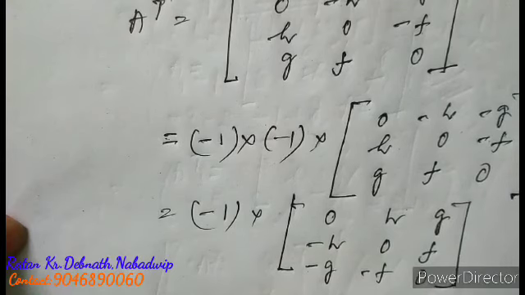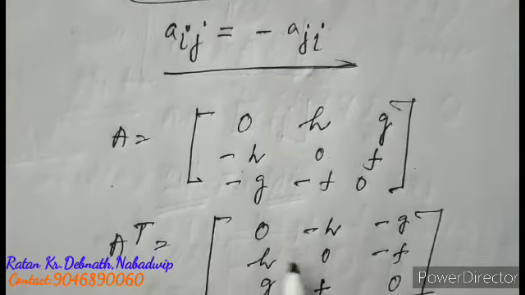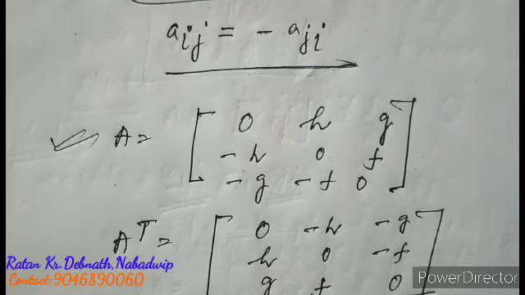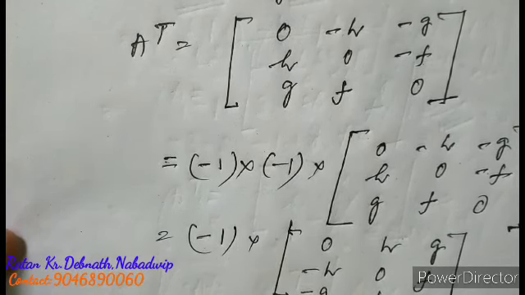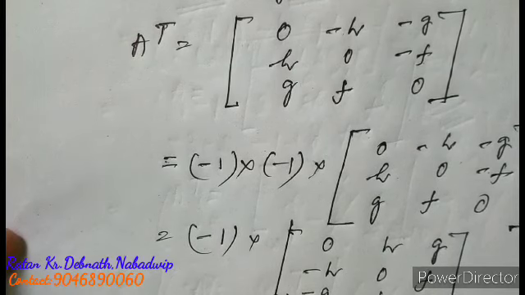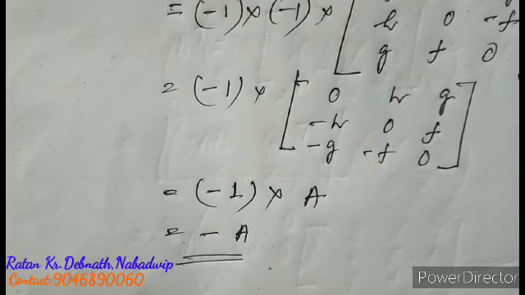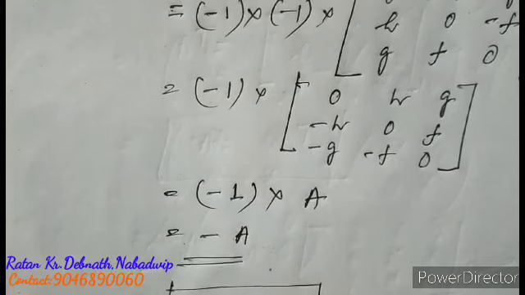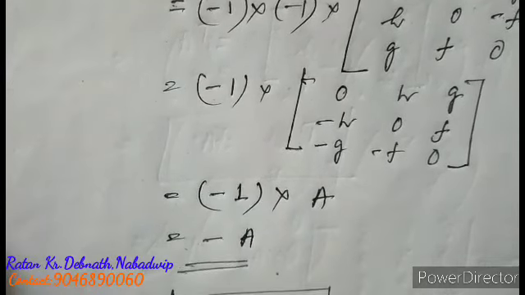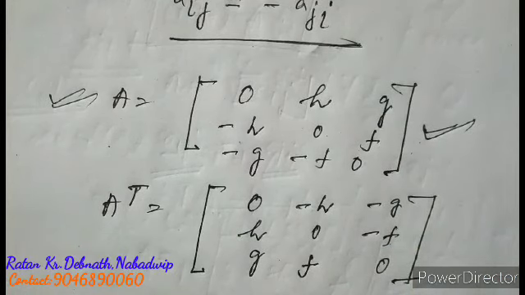So we can write minus 1 into A, which is equal to the original matrix. Therefore we replace here A, which is equal to minus A. In that case we say A transpose equal to minus A, and this original matrix is called skew symmetric matrix.